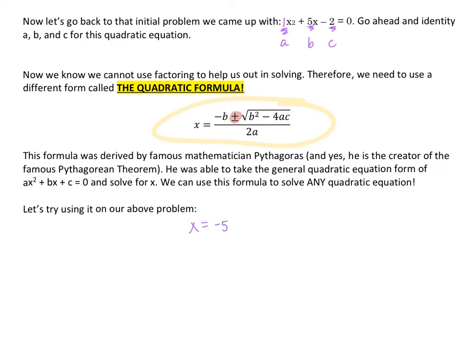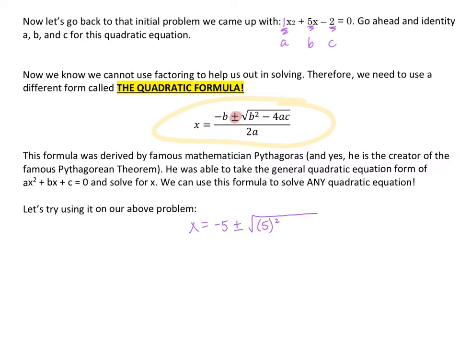So it's going to be -5 plus or minus, keep that there for now, plus or minus the square root, and I extend that square root sign a really long way because I have a lot that I'm putting underneath it. Okay, the square root of b squared. Now, I always like to put this b in parentheses, in case it's a negative in the future, so I make sure the whole thing, even that negative number, is squared.